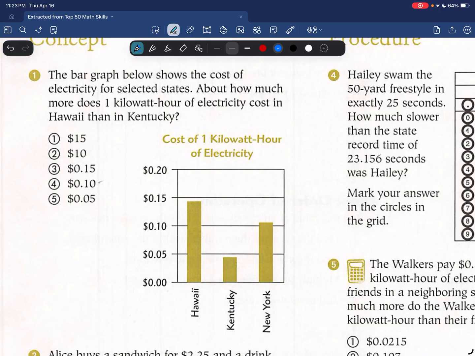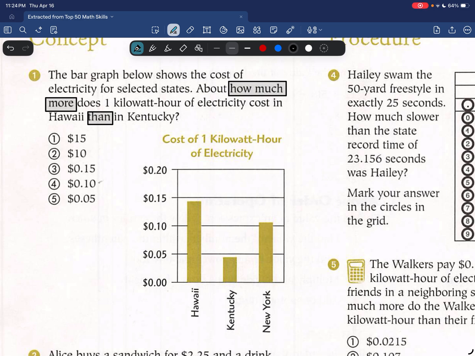The question is how much more. That is incredibly important. If you can, I would highlight this phrase because that means subtraction. Another subtraction clue is the word than. Hawaii than Kentucky. So that's another way of saying Hawaii minus Kentucky.